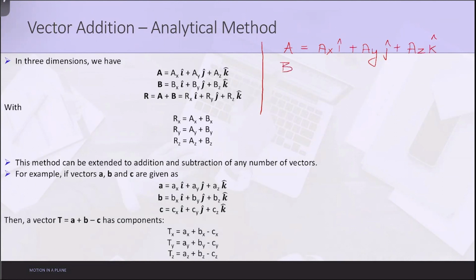Similarly, we can write this for B also. B will be equal to Bx i cap plus By j cap plus Bz k cap.